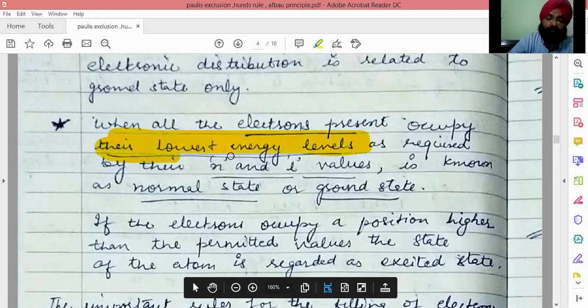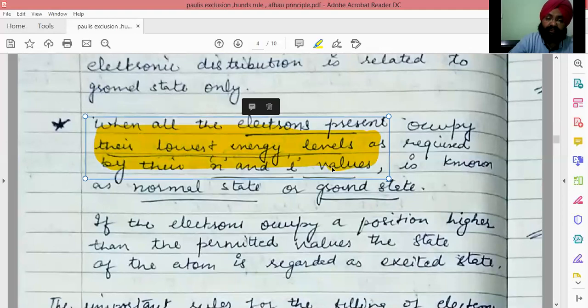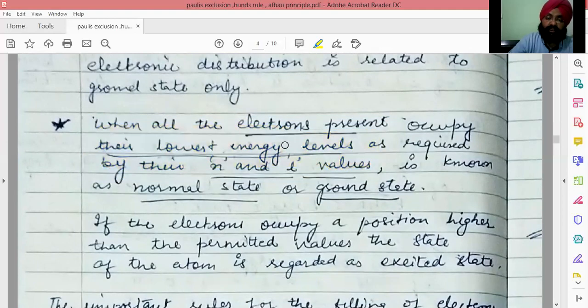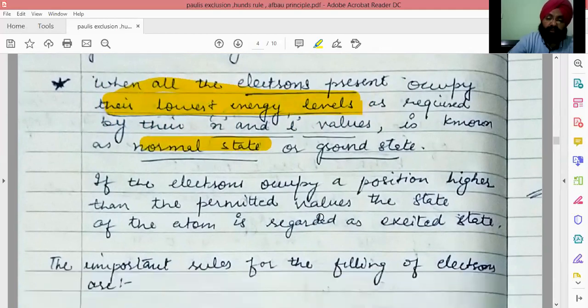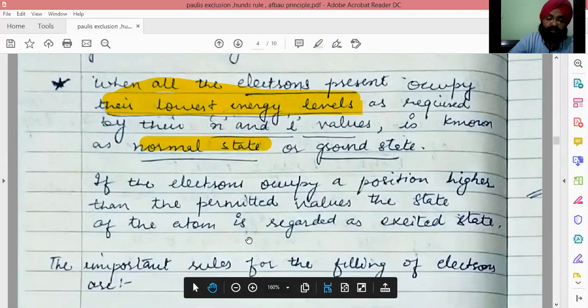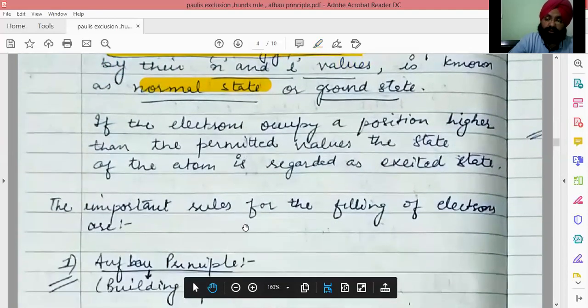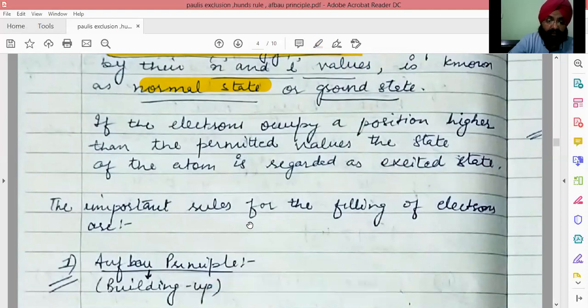When the electrons are present in their lowest energy levels, the atom is known to be in its ground state, or normal state. Now, if they are at a higher position than their permitted values, then they are regarded as being in excited states.